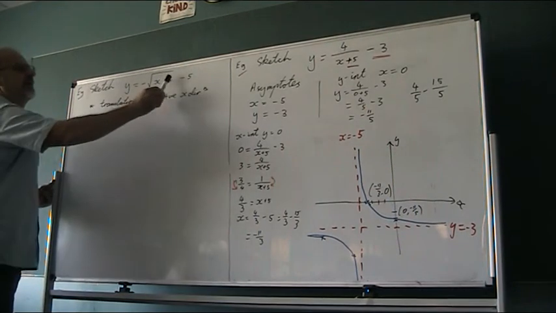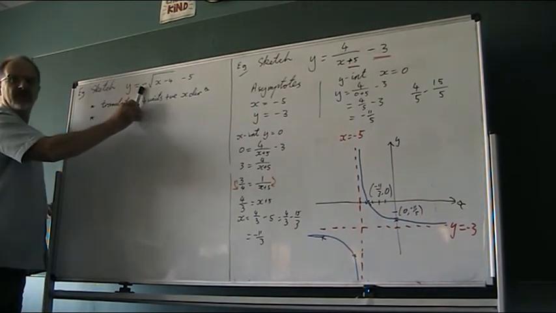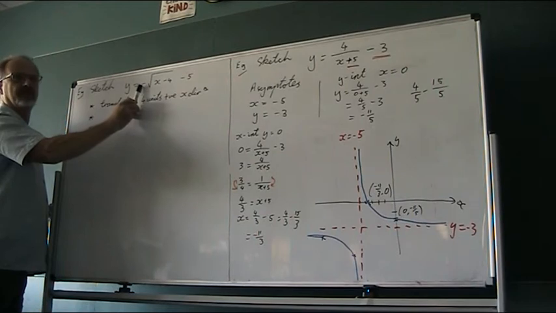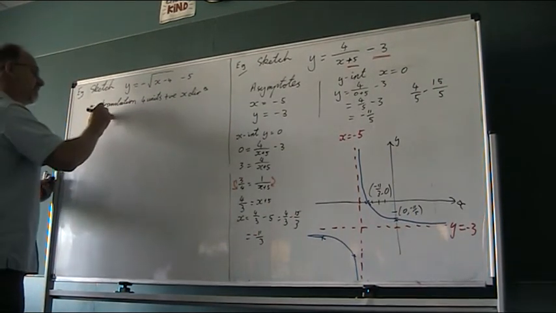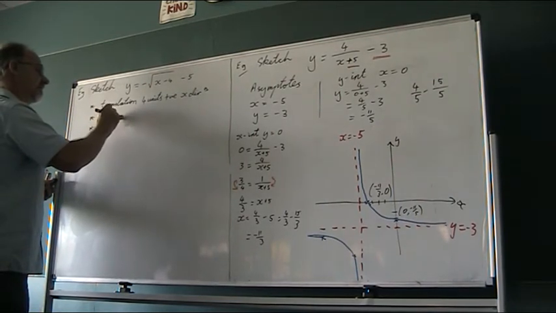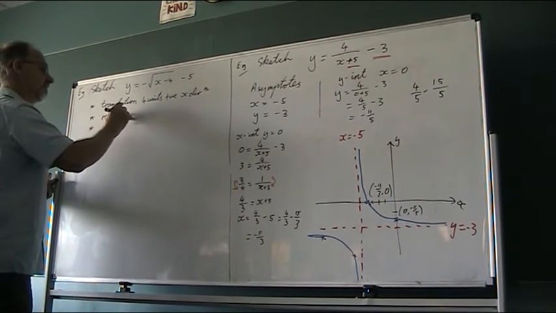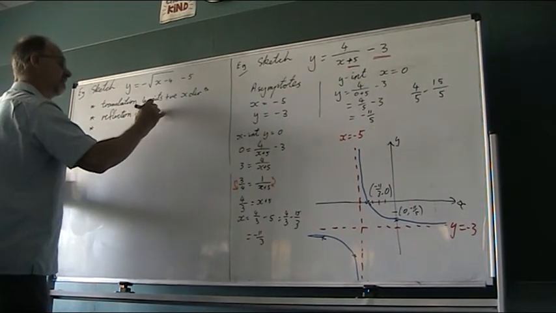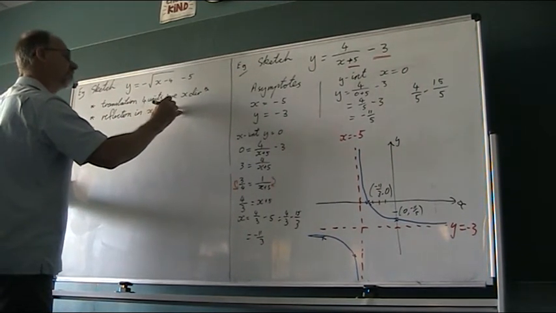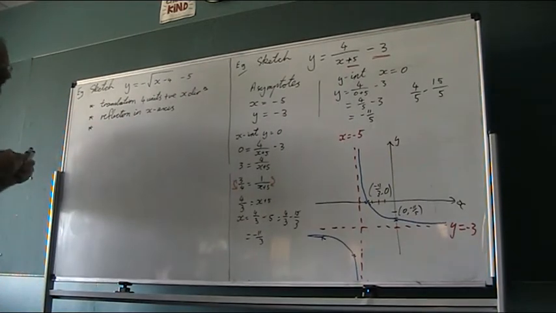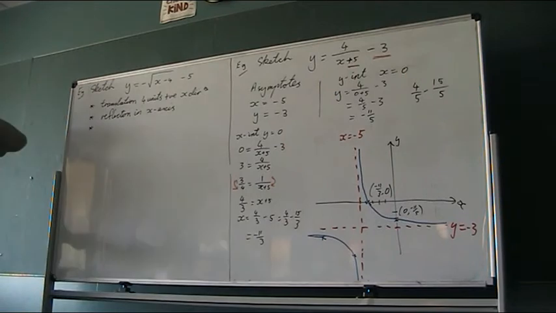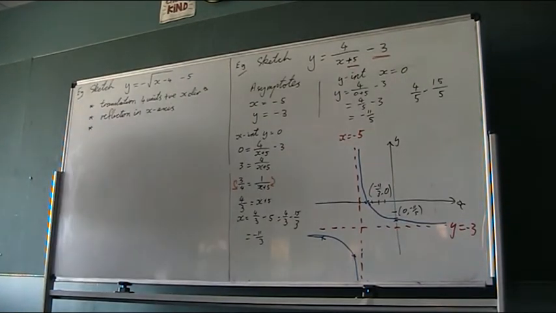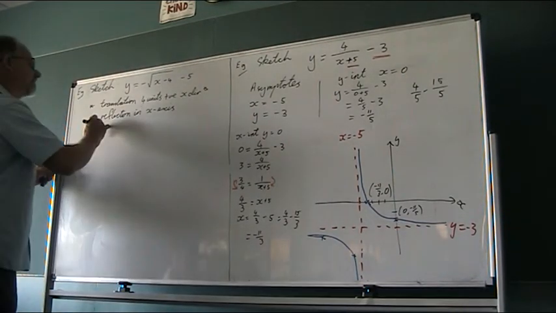Alright, so we've done that, we've square rooted, and then we've got this minus here. What's this minus do? Reflects, yeah, I haven't mentioned that much. So reflection in x-axis. And then the last thing we do is we take 5, which is a translation.